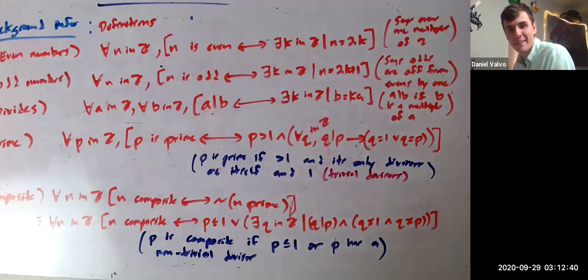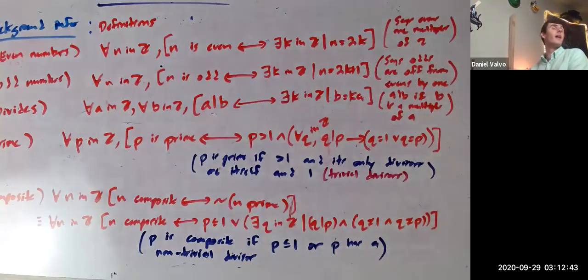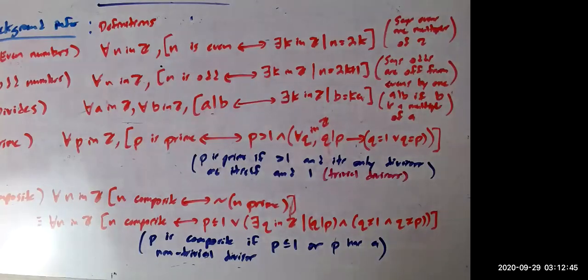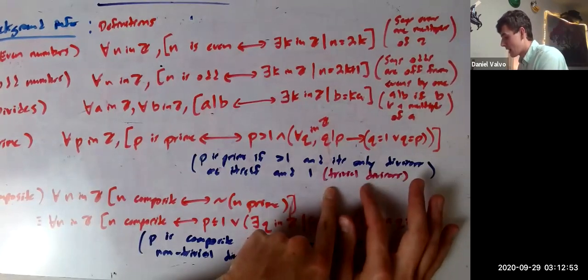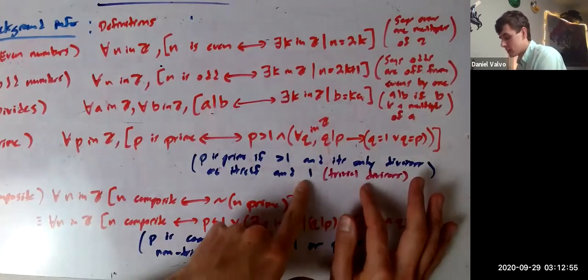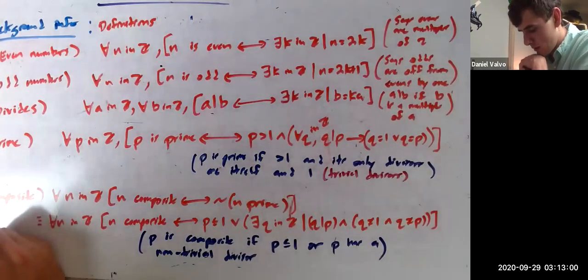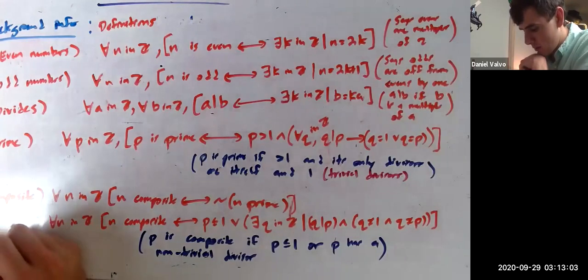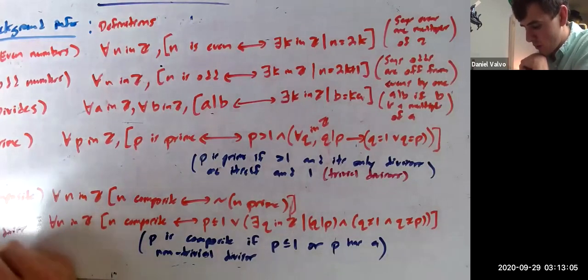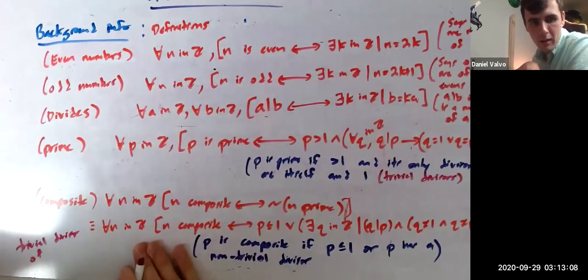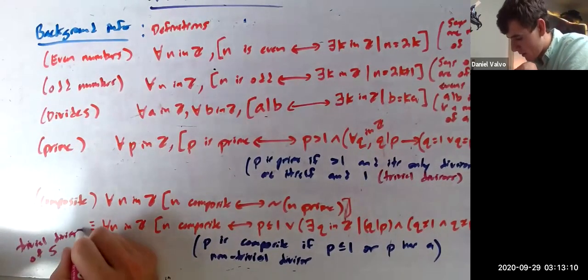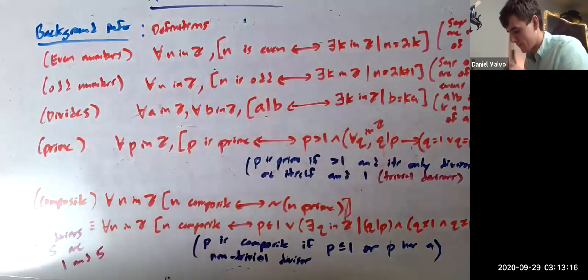All right. Professor, quick question. Trivial divisor as in very specific, right? A trivial divisor, which up here I mean to mean itself or 1. So the trivial divisors of 5, for example, are 1 and 5.